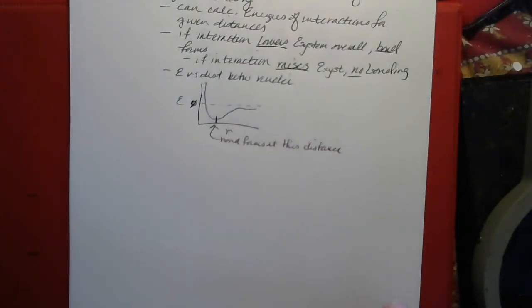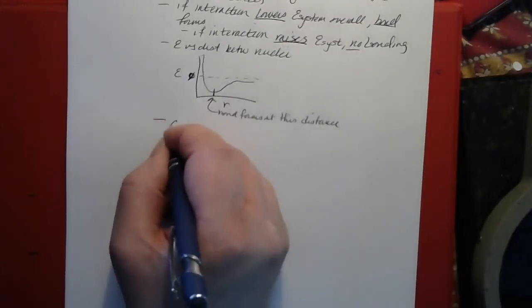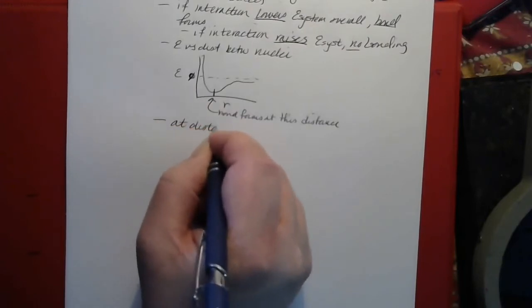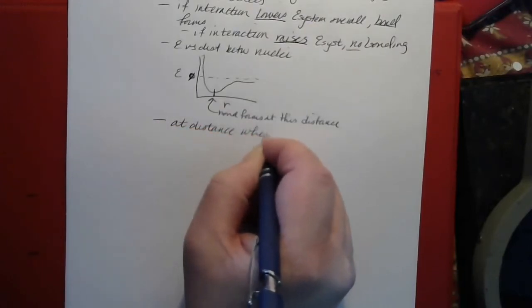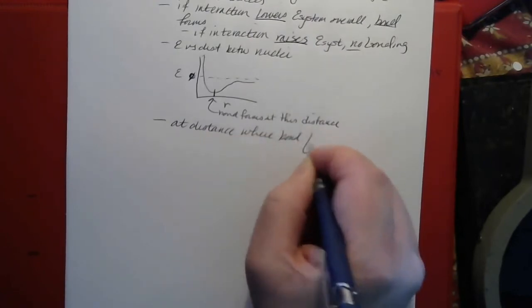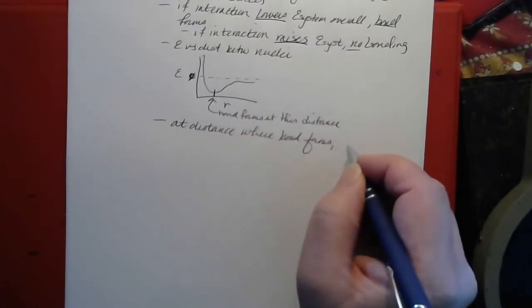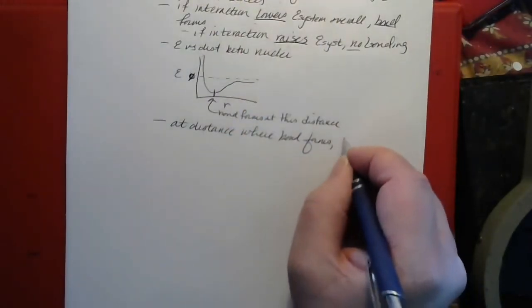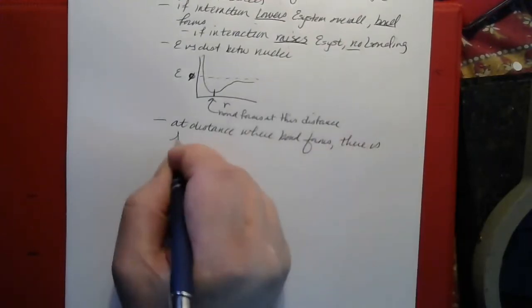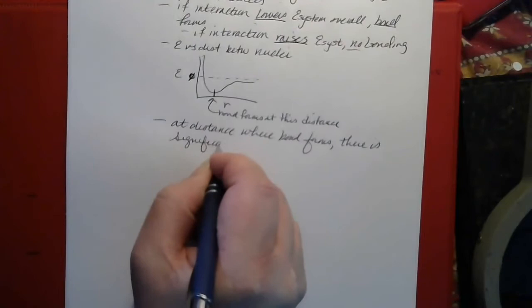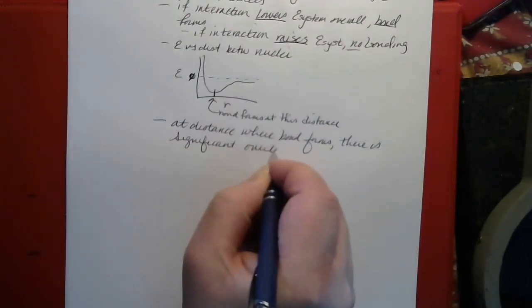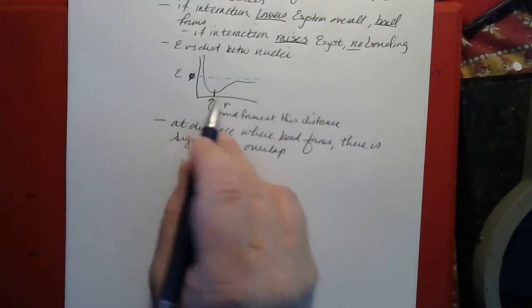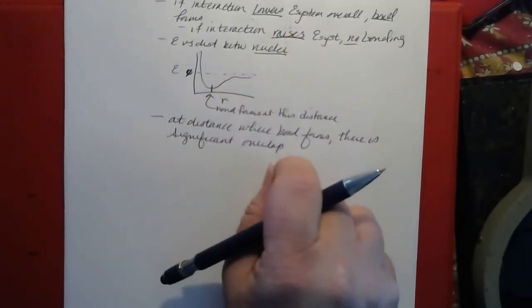So it's the minimum energy of interaction between the two atoms. That's where the bond forms. And at that distance, the orbitals of the valence shell of the two atoms have significant overlap. Because remember, these are distances between the nuclei.